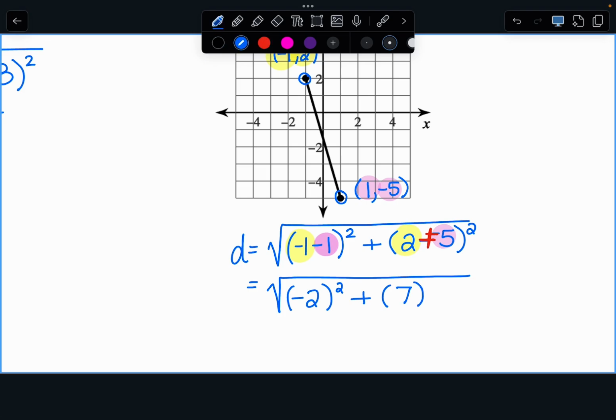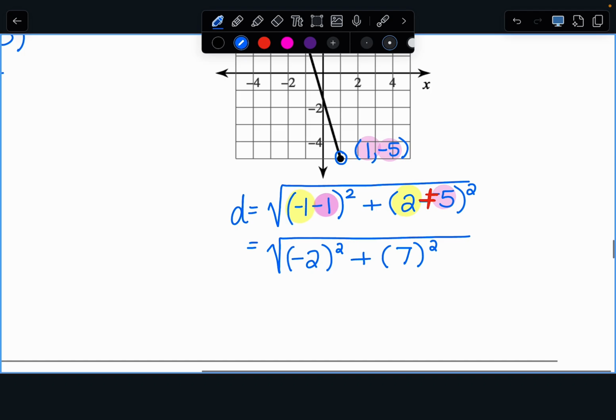So that becomes 7 squared. -2 times -2 is 4, and 7 times 7 is 49. So this gives us the square root of 53. Okay?